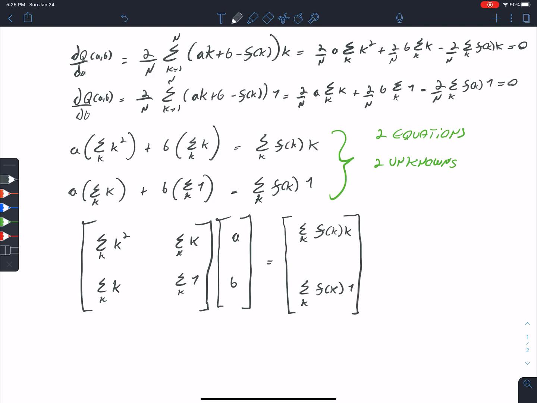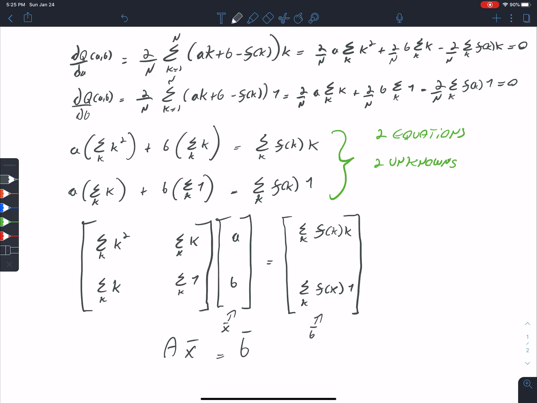I can give these names: the matrix is A, let's call this X, equals, let's say, vector B, right? So this is a vector X, and this is our vector B, not to be confused with the parameter b for the line, just to use the same nomenclature we had before.